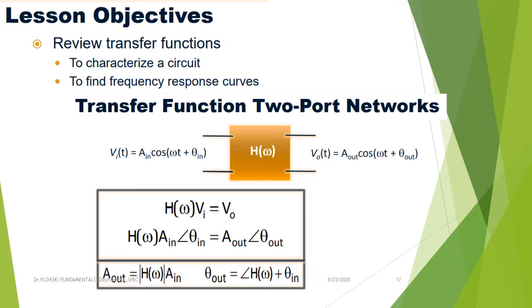These are the fundamental formulas for two-port networks. You just have to remember the relations between input and output voltages, with their magnitudes and phases in phasor notation, related to the transfer function of that particular two-port network.